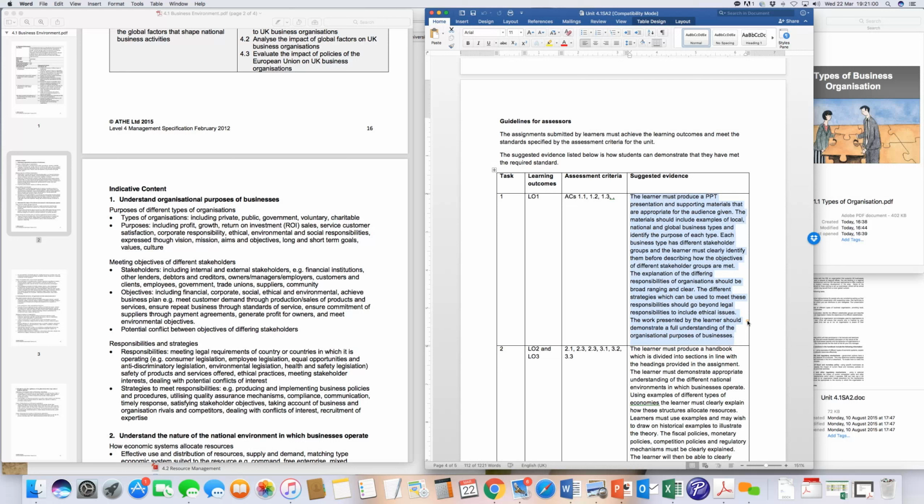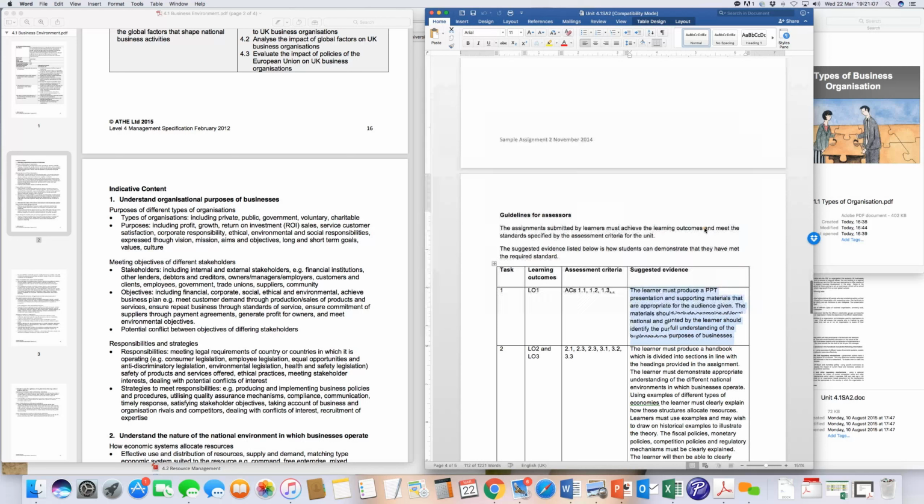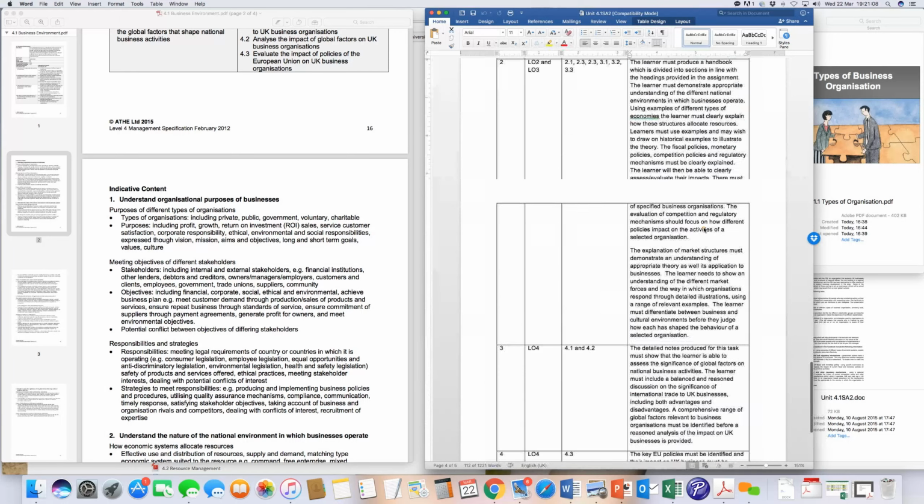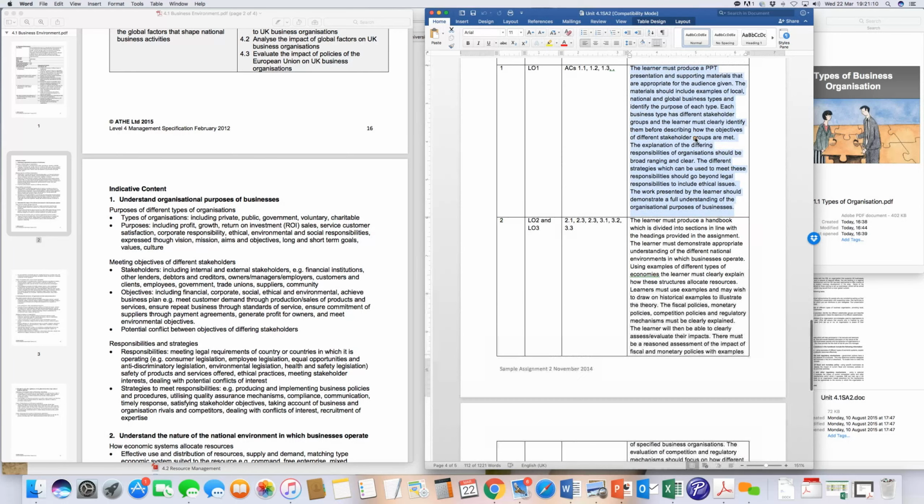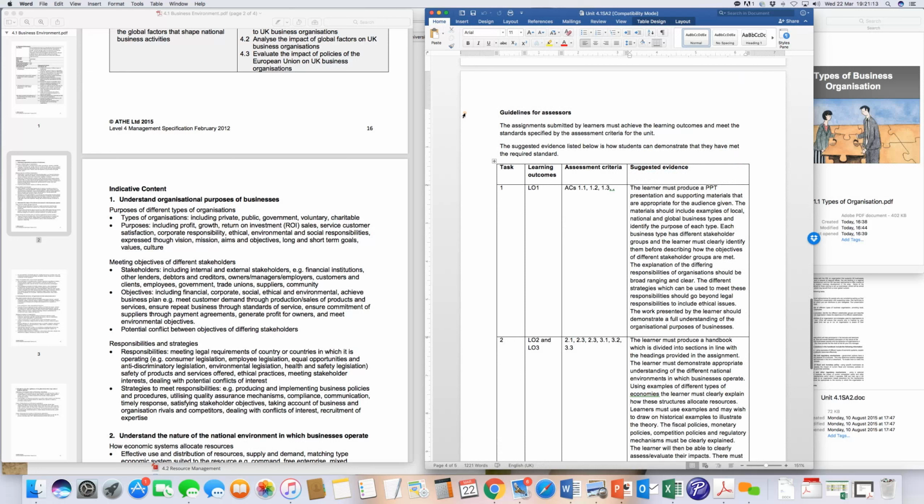So my suggestion to you is, when you start firming up a draft of your assignment, go through this Word document in a bit more detail, then scroll to the pages towards the end and look at the guidelines for assessors, and understand what the tutor will be looking at marking or picking up as evidence from the work that you provided. Okay.